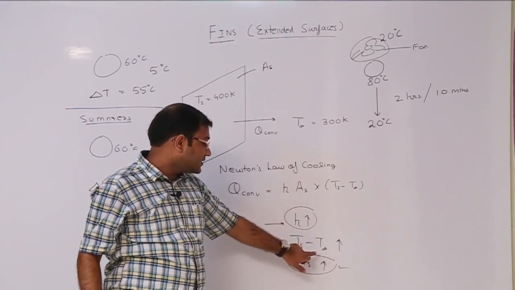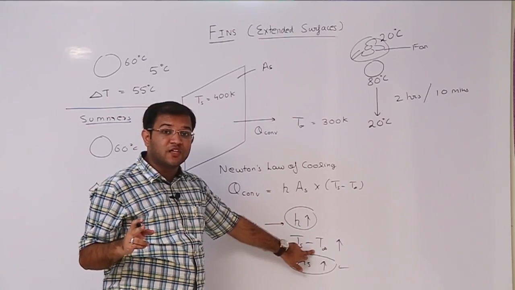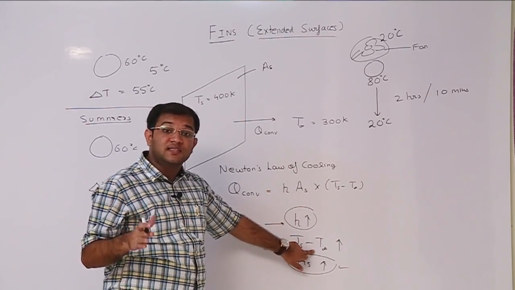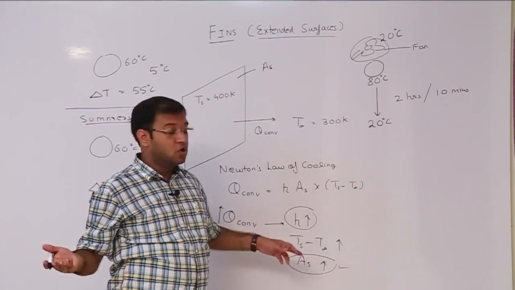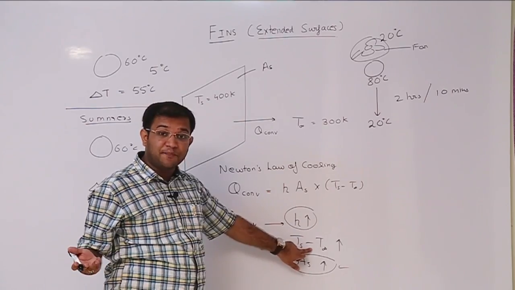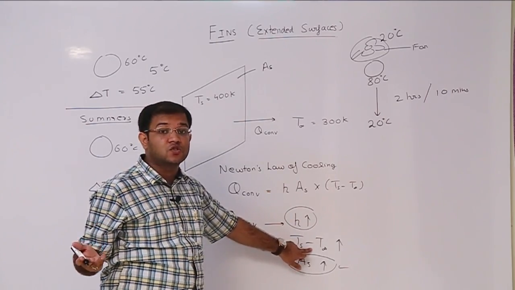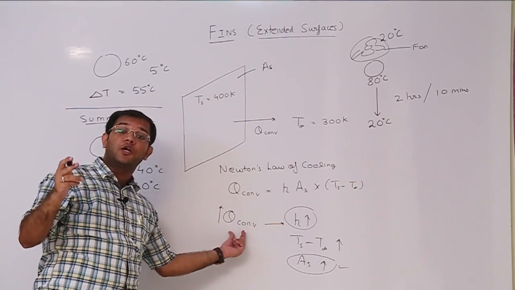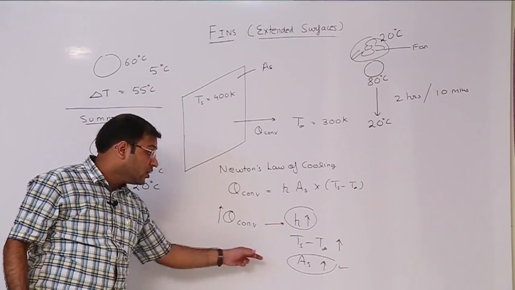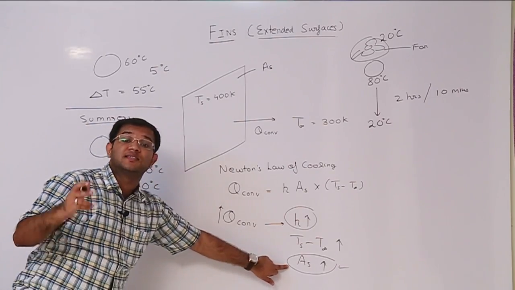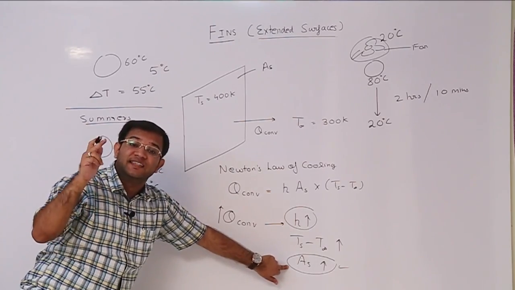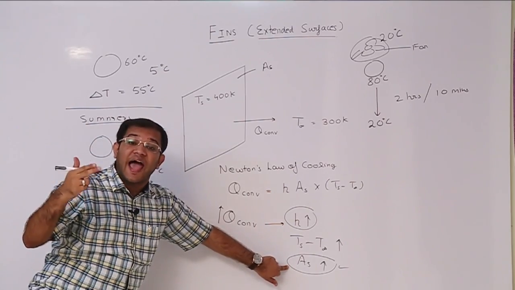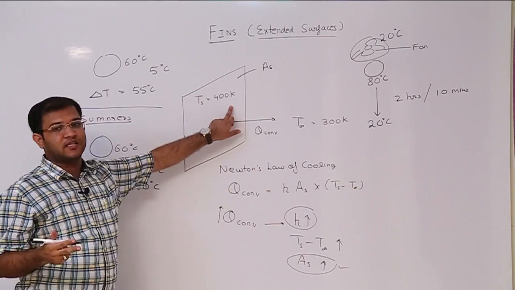The second constraint is the temperature difference, which is high in winters but low in summers, so heat transfer rates in summers are low. In order to increase the heat transfer rate, we need to increase the surface area, and this surface area is increased by attaching fins to the solid surface. Fine.